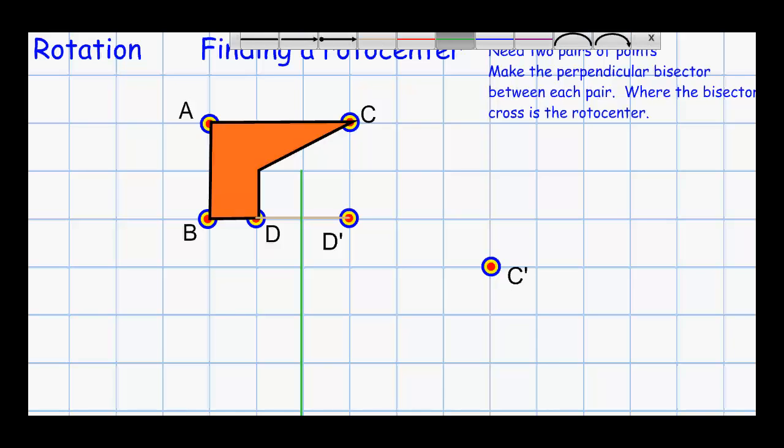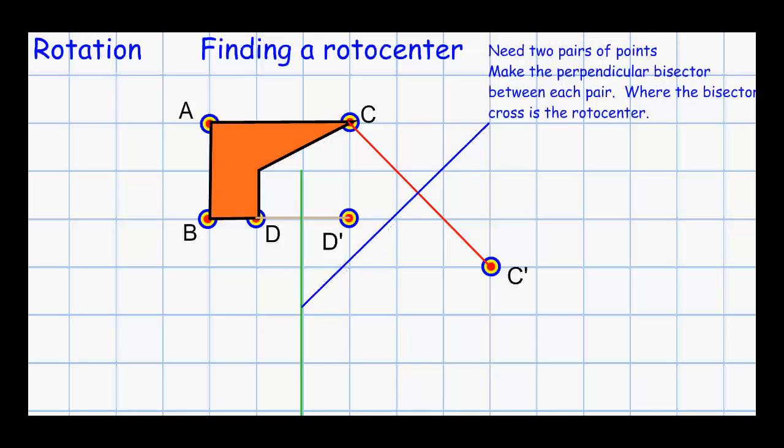Now, between C and C prime, that slope is a -1. It goes down 1 over 1. So the slope that's perpendicular is going to be a +1, and it has to be right between the two.